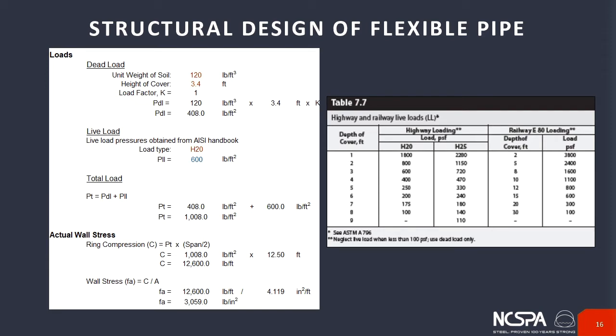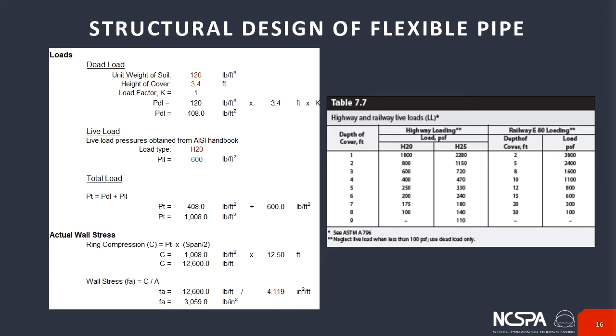And then to change that load into the stress in the pipe wall, we just use the equation of multiplying the overburden pressure by half the span. That yields the ring compressive force, or in some cases it's called the thrust, being imparted on the pipe. So in this case, numerically, it's 1,008 pounds per square foot times half the span. It's a 25-foot span, so half of that would be 12.5 feet.